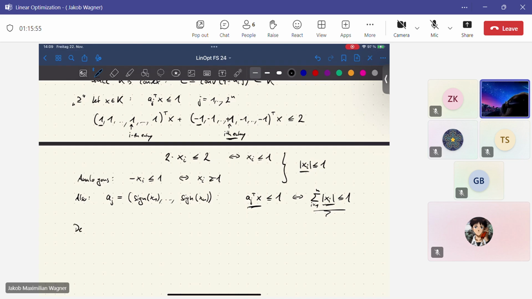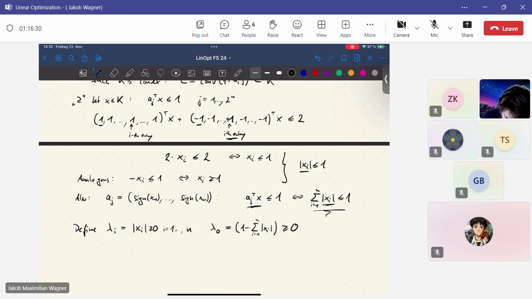So we define lambda_i is the absolute value of x_i for i from 1 through n. And we fix some lambda_0, which is just 1 minus the sum over the absolute values, which is again, as we just showed, something non-negative. And the absolute values of the x_i's are, of course, as well.